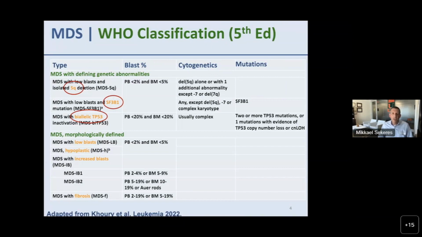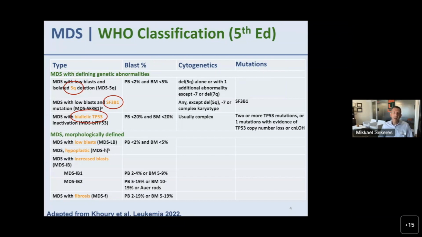This is the latest version of the World Health Organization classification for myelodysplastic syndromes. And you can see it's divided into patients who have MDS with a defining genetic abnormality, specifically a deletion 5q abnormality. That isn't new, that's been in World Health Organization classifications for some time.